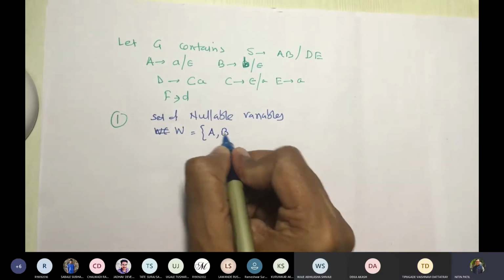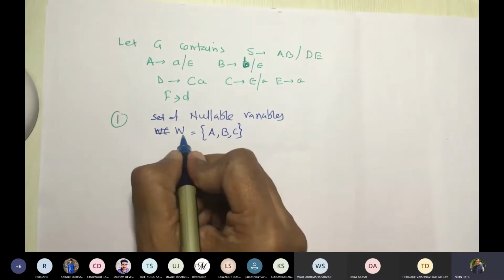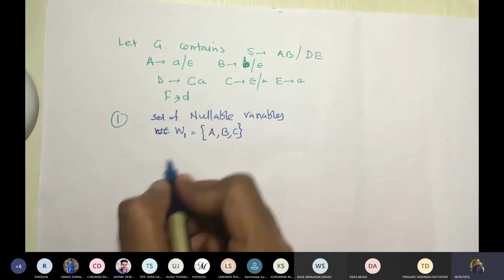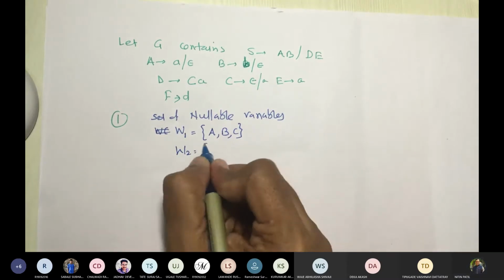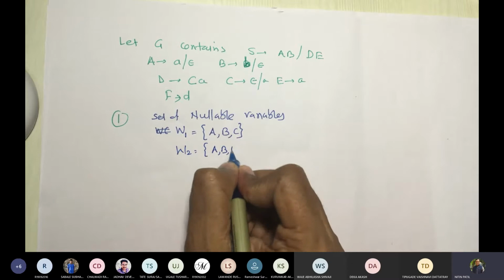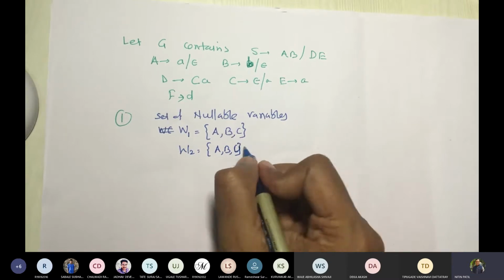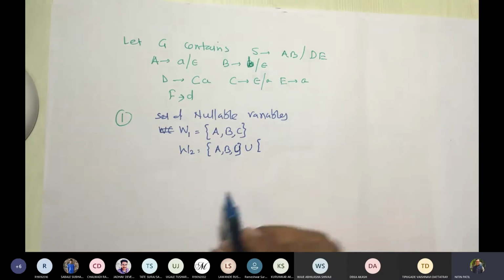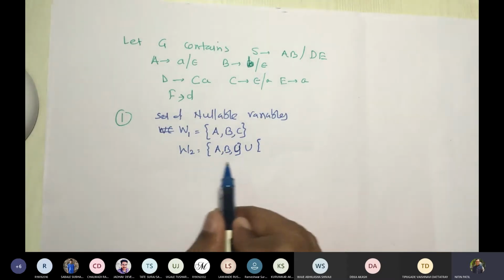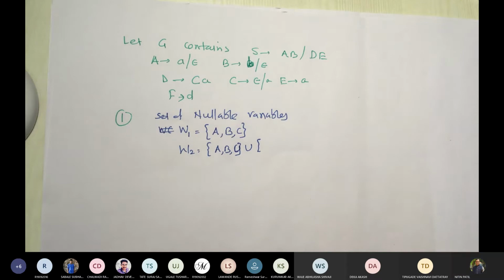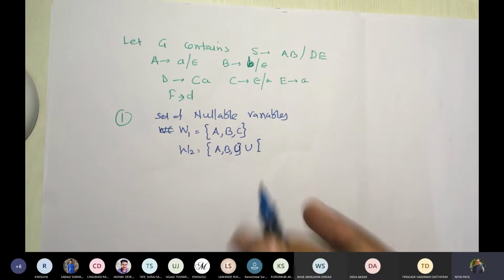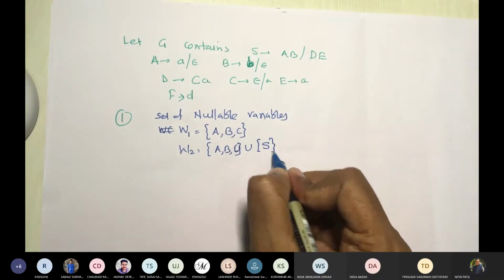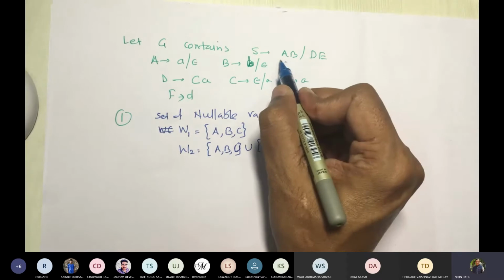Correct. So initially W1 would be containing A, B, C. What would be W2? A, B, C union which variable contains a production such that a combination of these is appearing on the right side? Do we see any such case? Yes. Which is that? S gives AB. Correct.